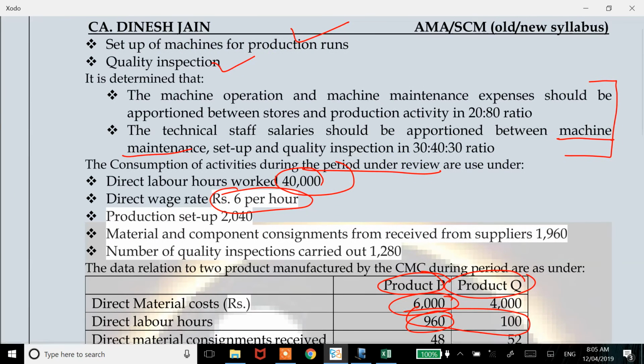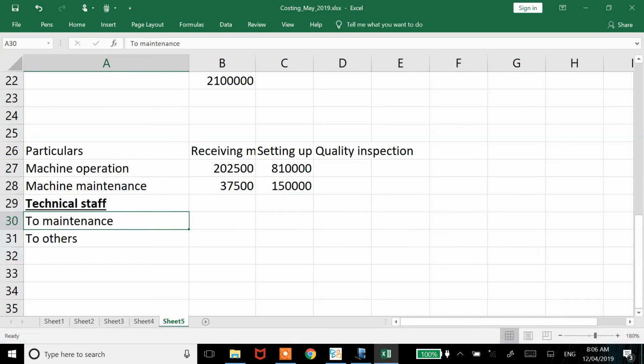Split 30:40:30. Maintenance will take away 30%. Setup will take away 40%. Quality inspection will take away 30%. So to maintenance is 30%. Others is 70%.